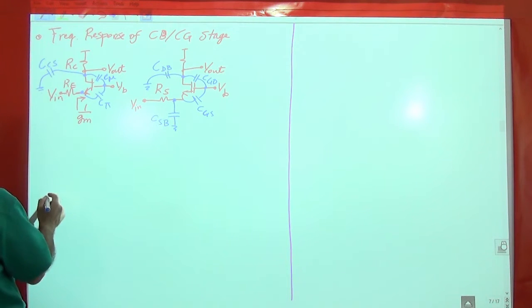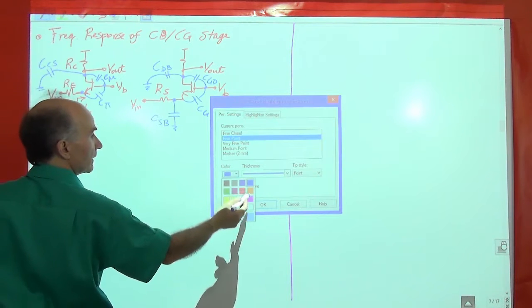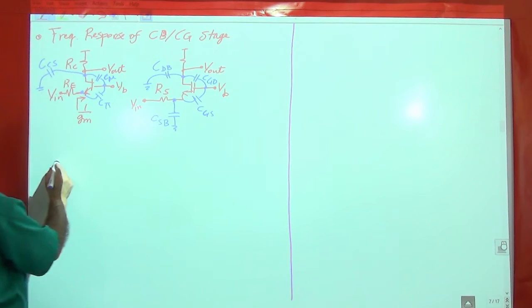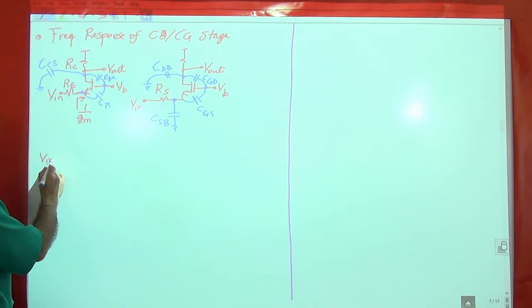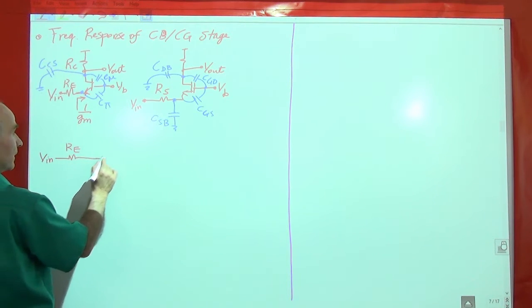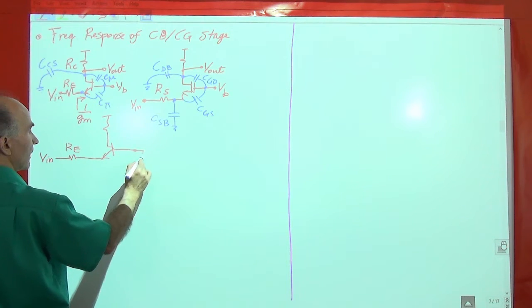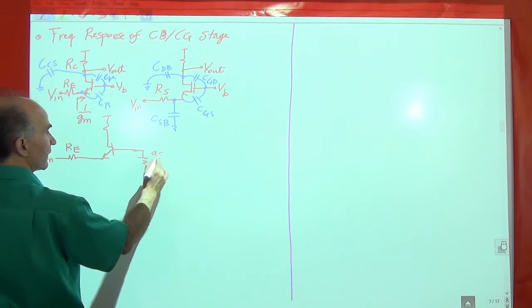I'm going to draw the circuit again, and this time again in red. So here's what we have. We have V in, then we have RE, and then we have this. This is AC ground, so let's just show it as such.